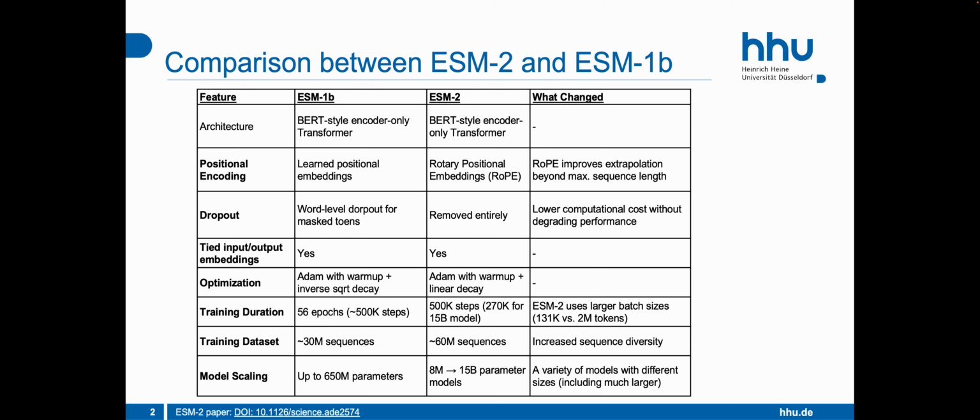Additionally, in the previous video, we have seen that the ESM-1B did not use any dropout in the attention or feed-forward layers, but only at the token level for masked tokens. The ESM-2 models do not use any dropout at all. So, in summary, even though ESM-2 keeps most of the core ideas from ESM-1B, it introduces several improvements in model and training scaling and positional encoding.